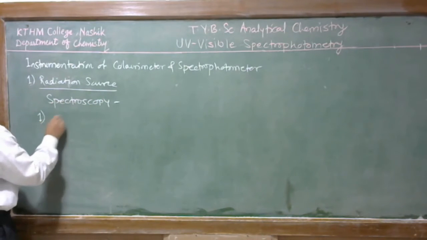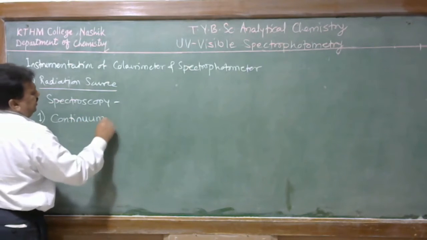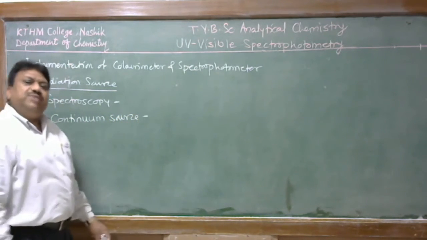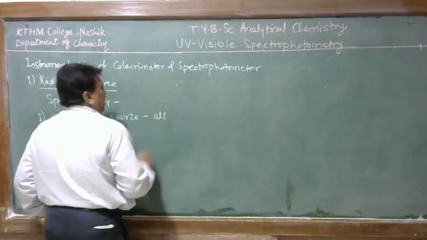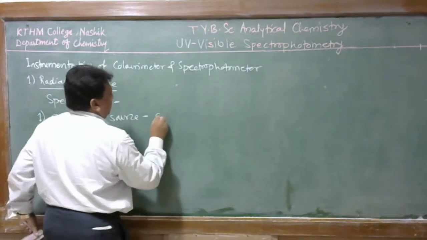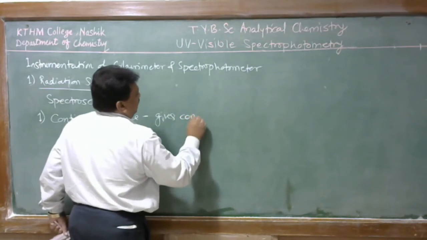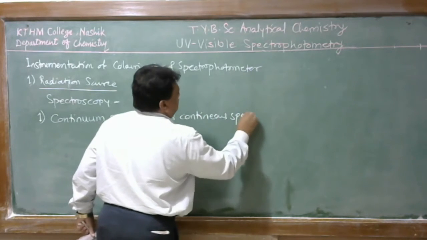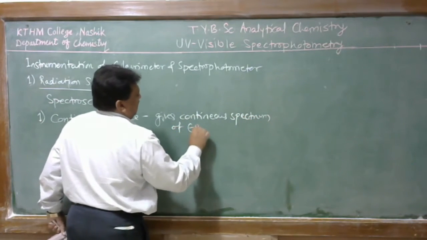The first type is called a continuum source, that gives all possible wavelengths in a required region, that gives a continuous spectrum of electromagnetic radiation.